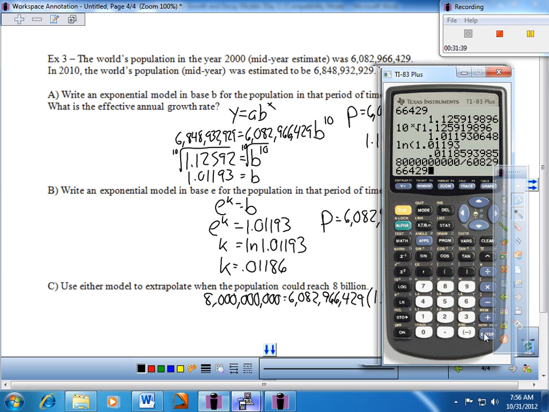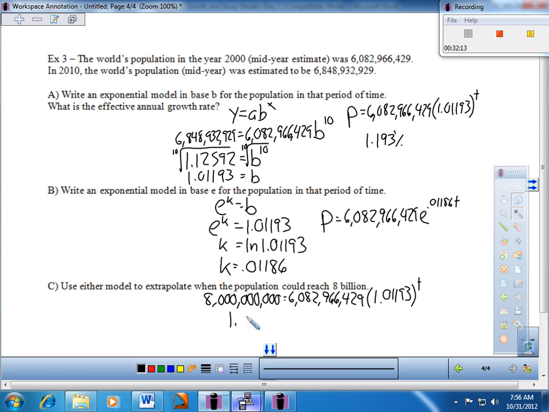Okay, and I'm going to hit enter on that. And bear with me on that, but I have about 1.31514. So it looks like 1.31514 equals 1.01193 raised to the t.